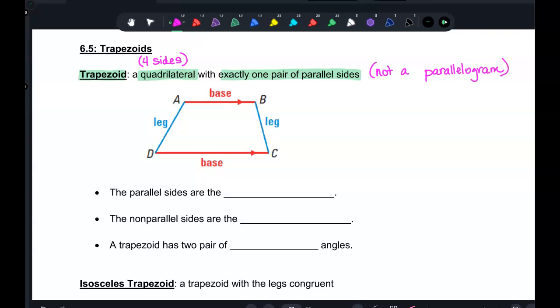Okay, so we can see this picture. The arrows here and here tell us which sides are parallel. So the parallel sides, these are called the bases, okay? And the non-parallel sides, so here and here, these are called the legs of the trapezoid.